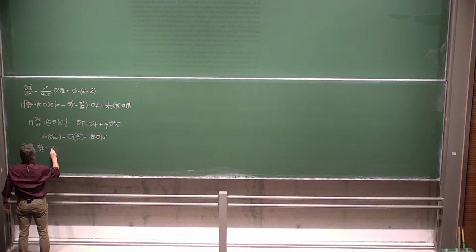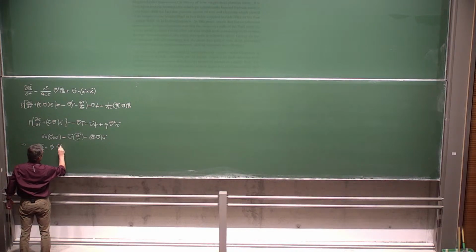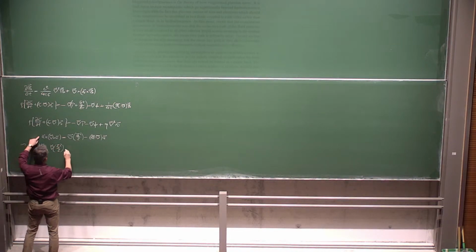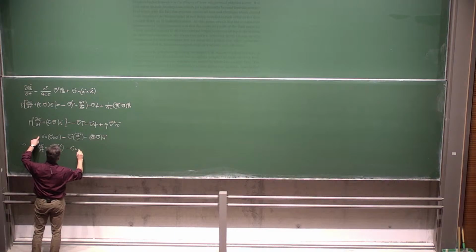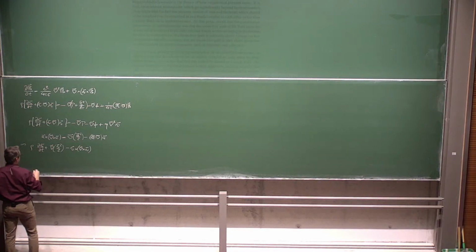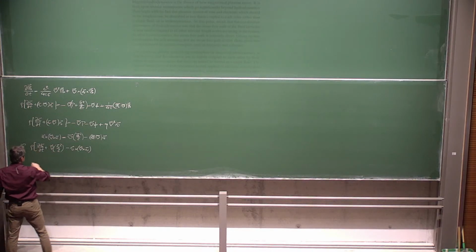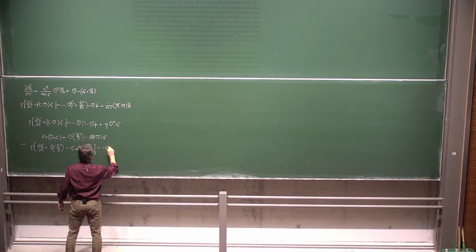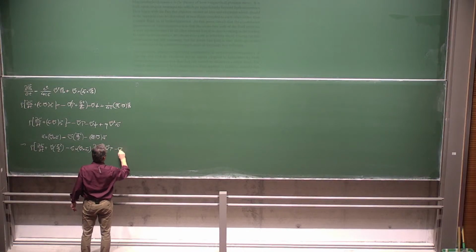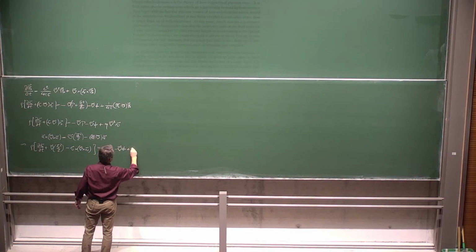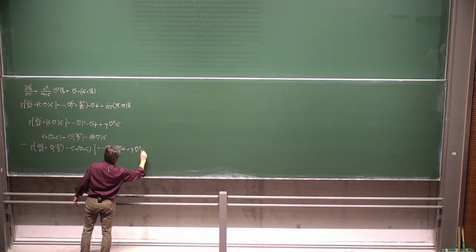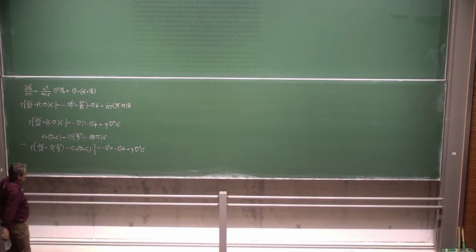So that's going to be nabla v squared over 2 minus v cross curl v. All right.